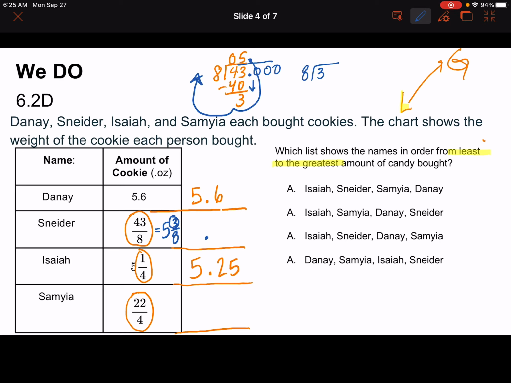But I'll just do it off to this side. 8 does not go into 3. Add a decimal, 0. 8 goes into 30 3 times, with a remainder of 6. Bring down another 0. 8 goes into 60 7 times. We have 40. 8 goes into 40 5 times, perfectly. And we've got 5 whole.